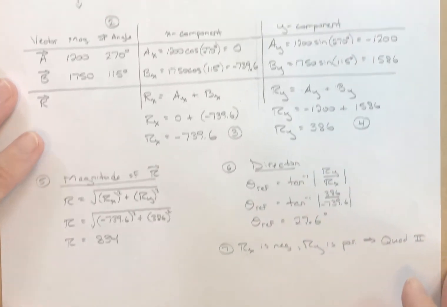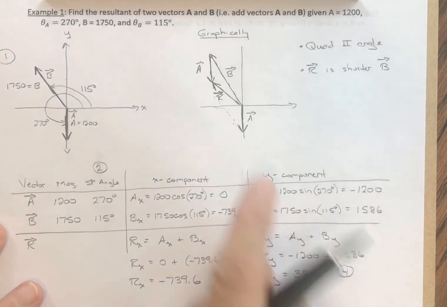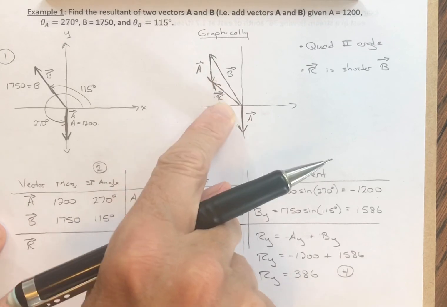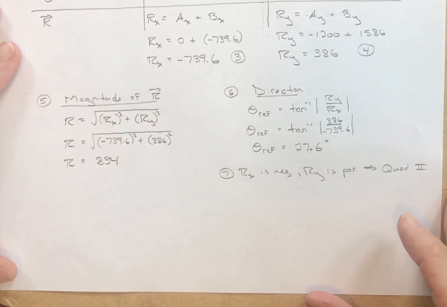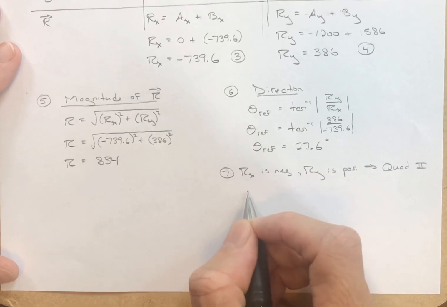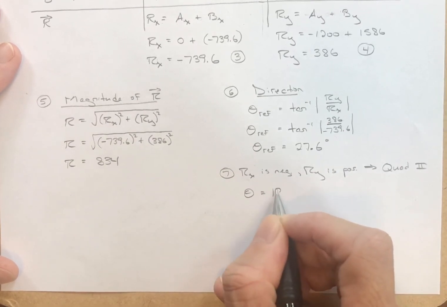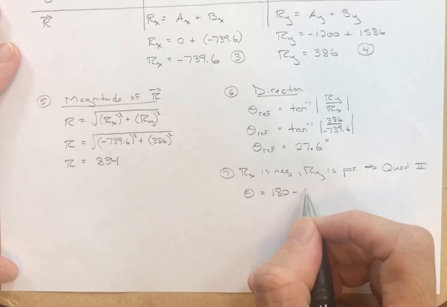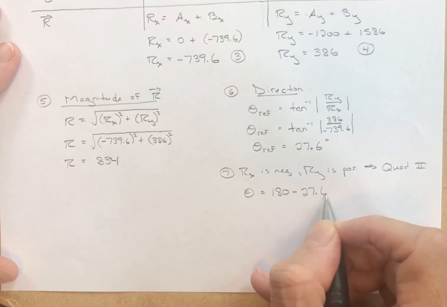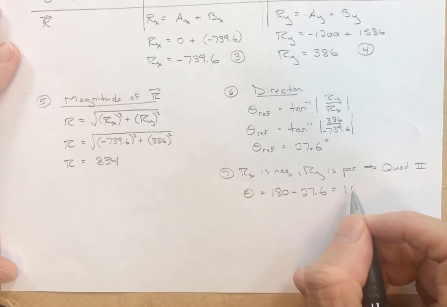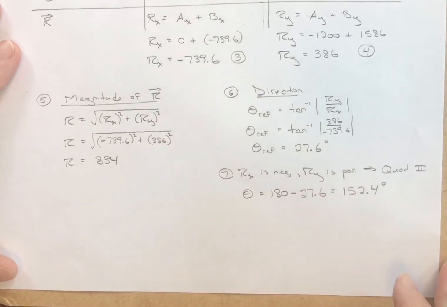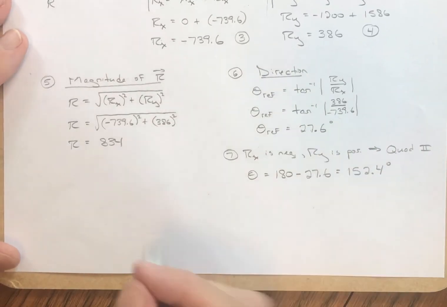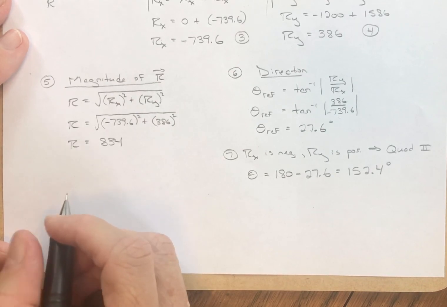And again, if we go back up to our drawing, we saw here we're in quadrant 2. In quadrant 2, we take our reference angle and we subtract it. So theta is equal to 180 minus our reference angle. And our standard position angle is 152.4 degrees.